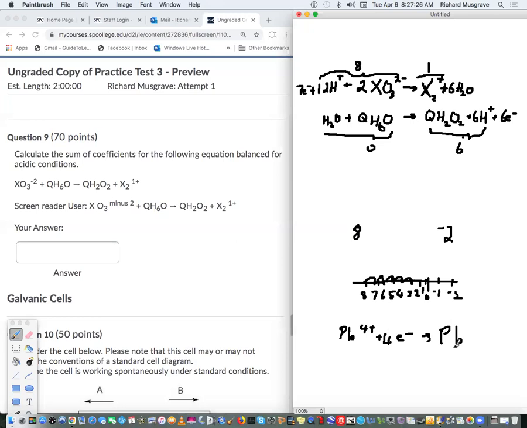I'm saying as far as the equation itself, we're adding the H2Os and then making up for it with enough H pluses on the other side. If they gave you Pb4+ arrow Pb, then that's even, right? Well, it's even for hydrogens and oxygens, yes, but not for electrons. Right. So you don't have to do those steps for that.